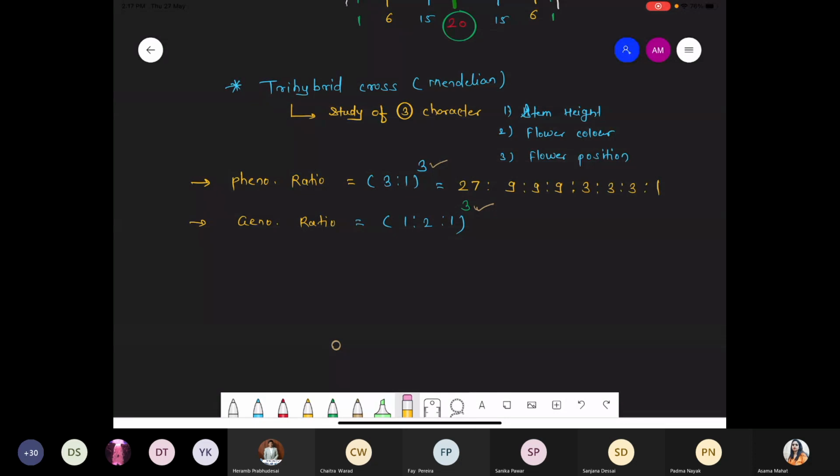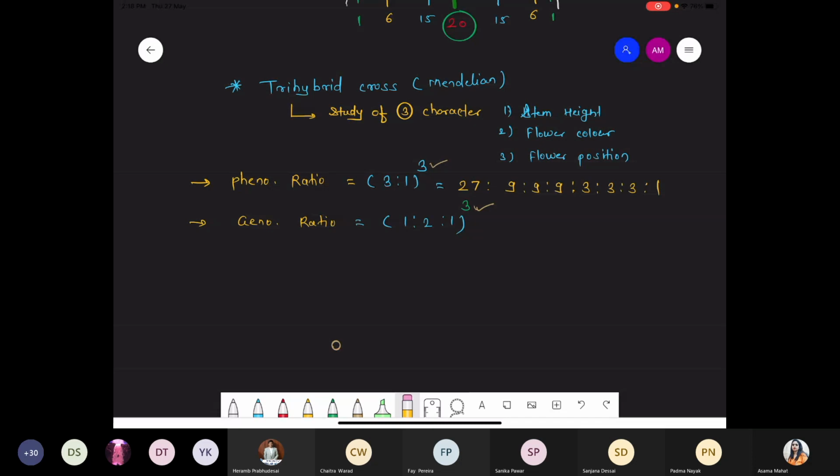Please repeat why human skin color is different. Tej, how many pairs of genes control human skin color? Tell me. Tej, please turn on your mic. Human skin color is controlled by how many genes? Three pairs of genes, A, B, C. A is a different gene, B is a different gene, C is a different gene.